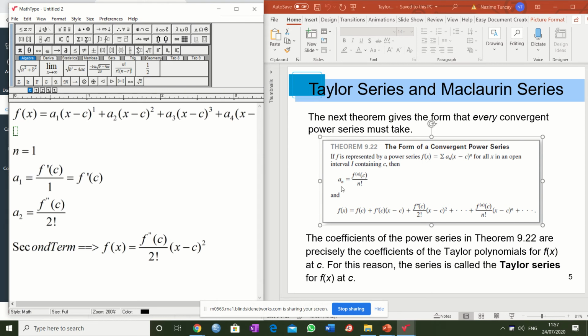We just have to make sure that when n is equal to 1, this is f1(c) over 1 factorial, and it is 1. Now if it is the second derivative, we write f2 like the power. I solved it in an easier way. With the powers or the derivatives, it is equal.